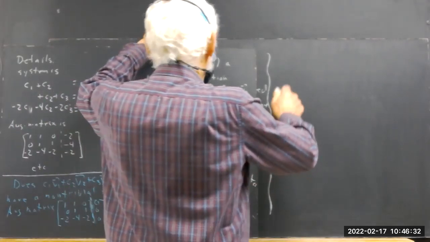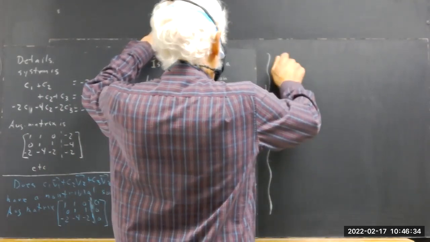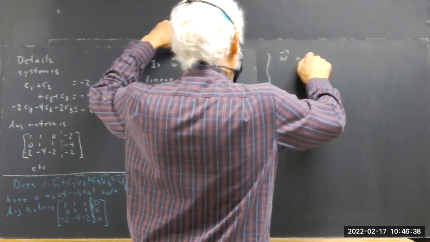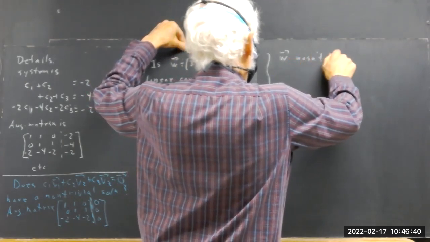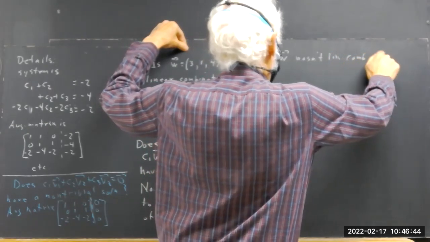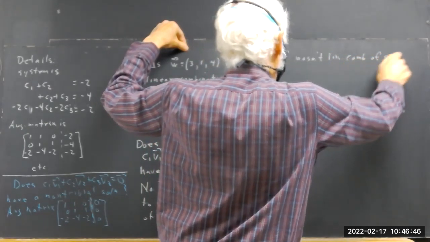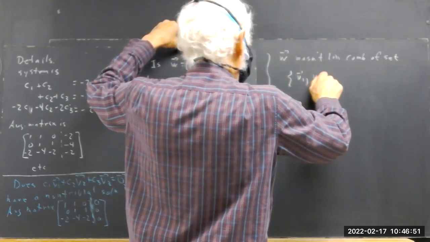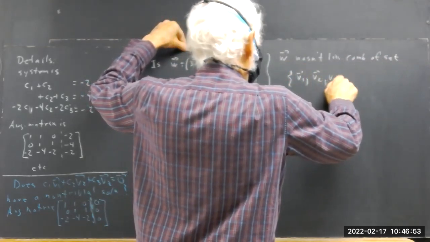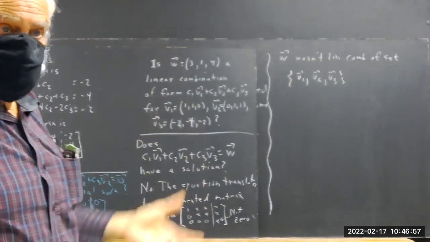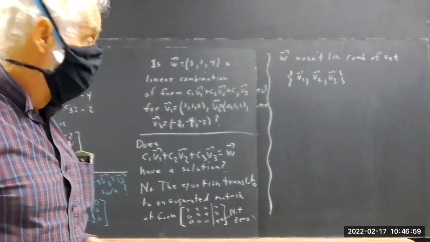So we can say a little more formally, it probably wasn't a linear combination of this set of vectors.